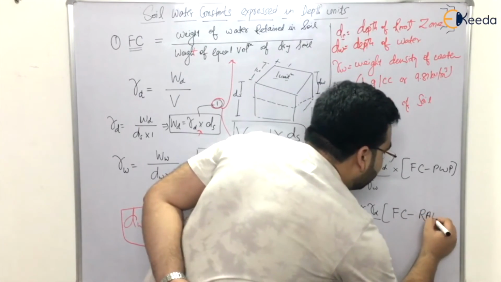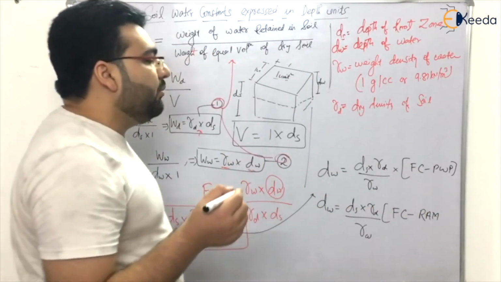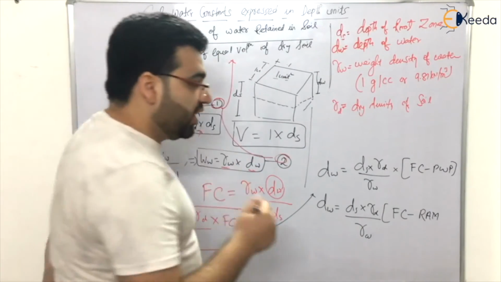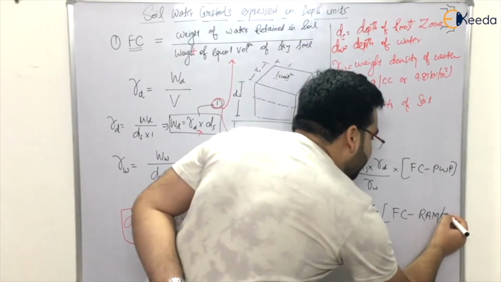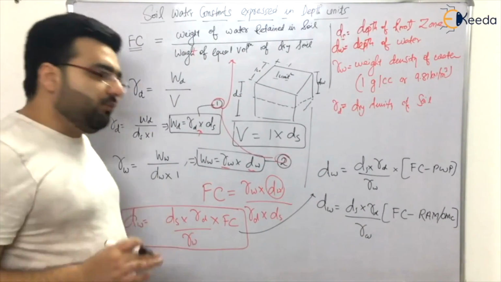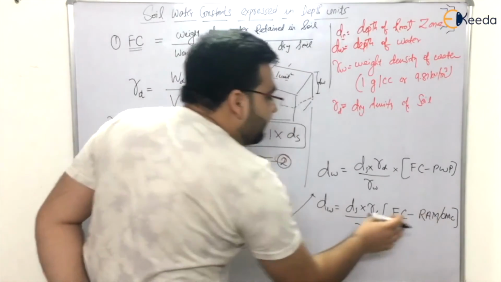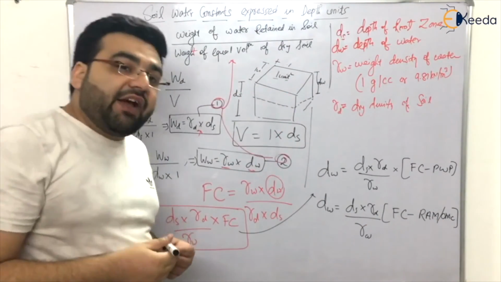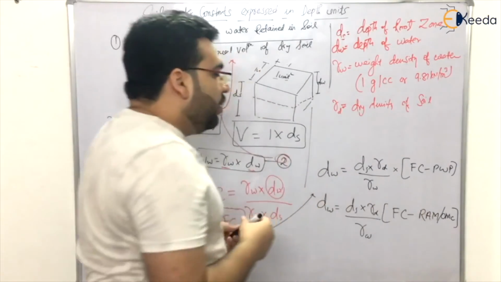Readily available moisture is sometimes also known as the optimal moisture content. This formula is valid when we are not allowing the water content to go beyond readily available or optimal moisture content.